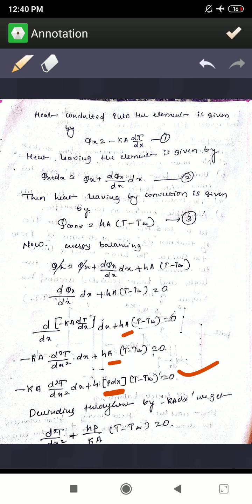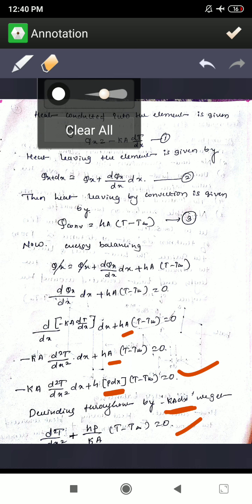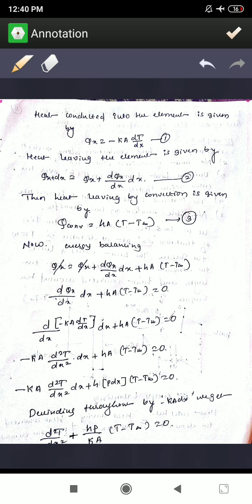Now dividing throughout by kA dx, we get d square t by dx square plus hP by kA (t minus t infinity) equal to 0. So this is about simplifications.